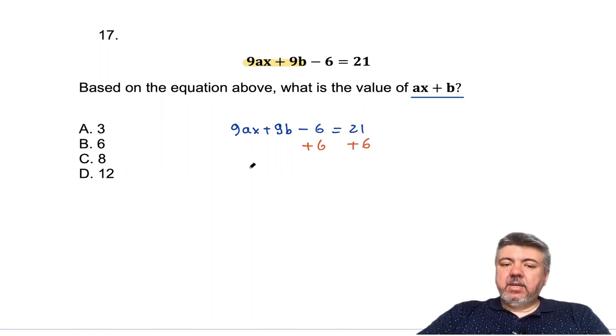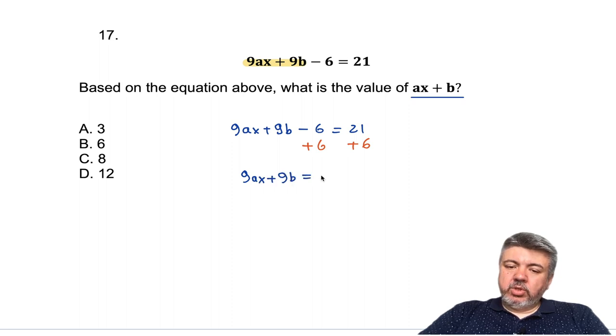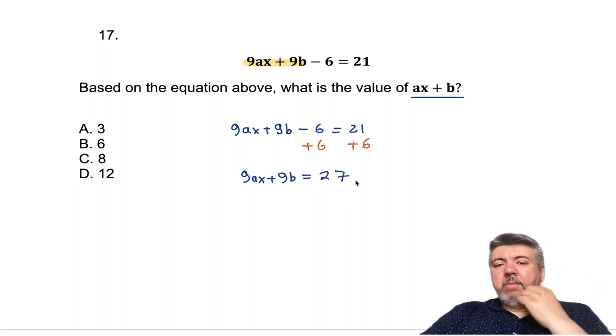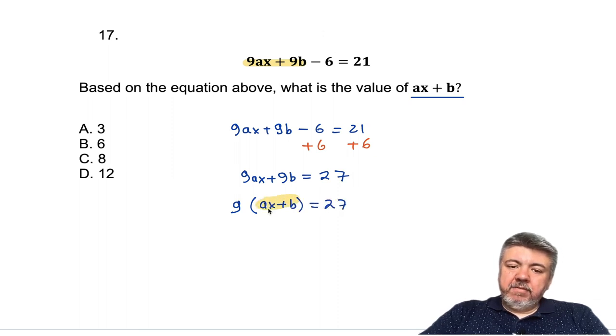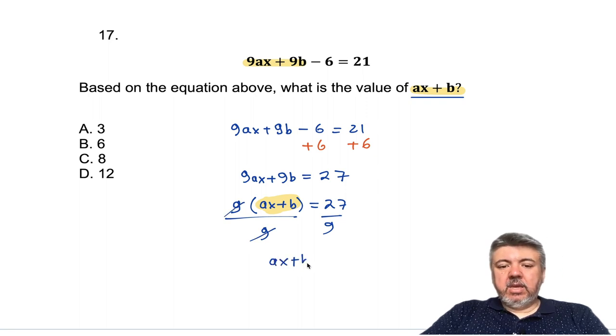So we get 9ax plus 9b equals 27. I'm sure you see there is a 9 in parentheses here. ax plus b equals 27. Okay, I have it now. So divide by 9 on both sides. Okay, ax plus b is 3. So it is choice A.